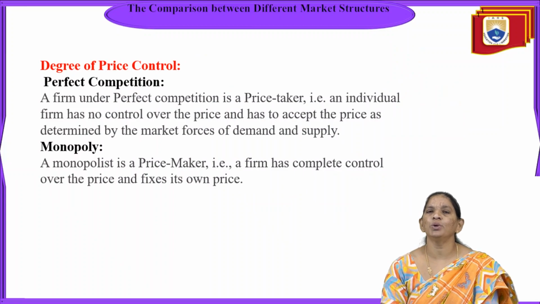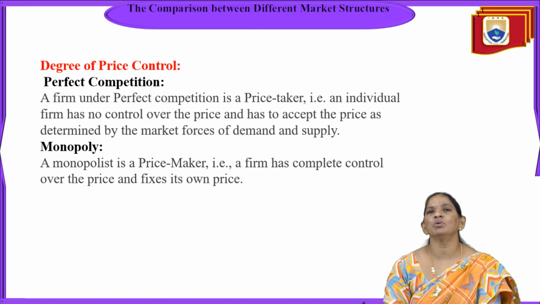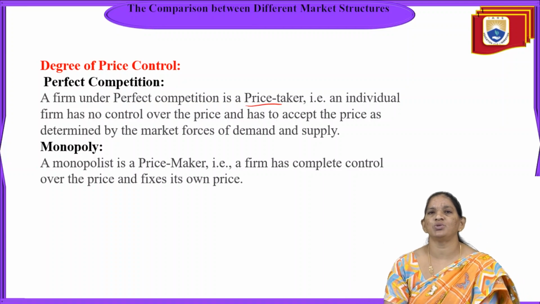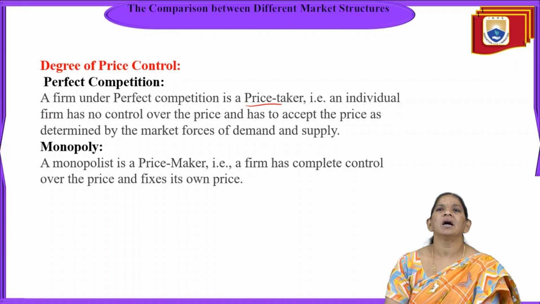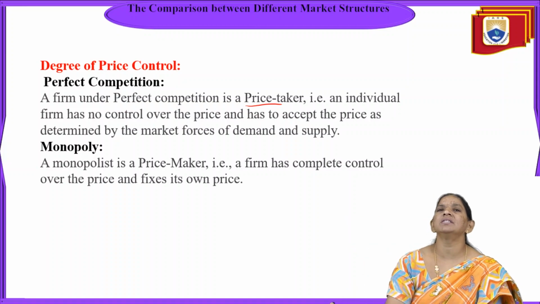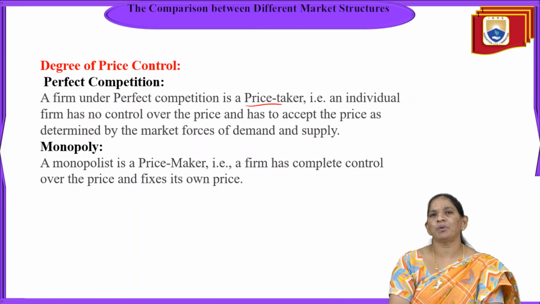In perfect competition, due to the presence of a large number of buyers and sellers, there is no restriction to entry or exit. Here the producer is only the price taker. The individual firm doesn't have control over the price, and they should accept the price the market gives based upon the demand and supply forces.